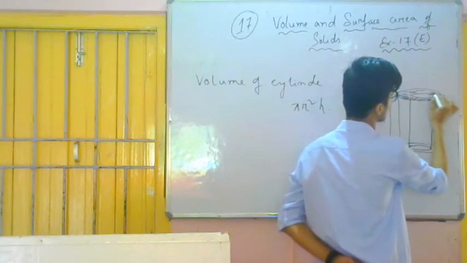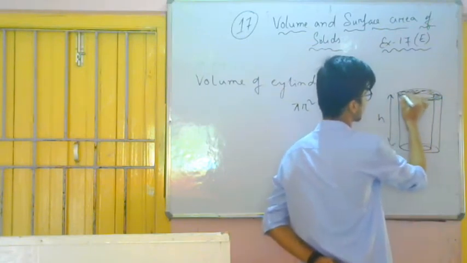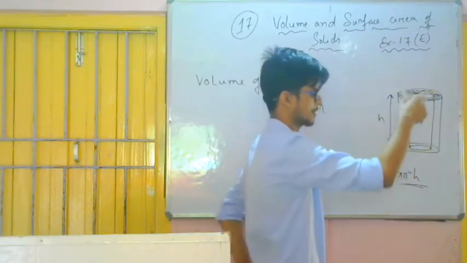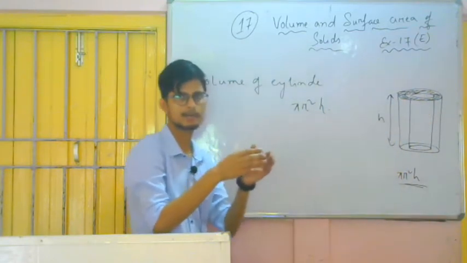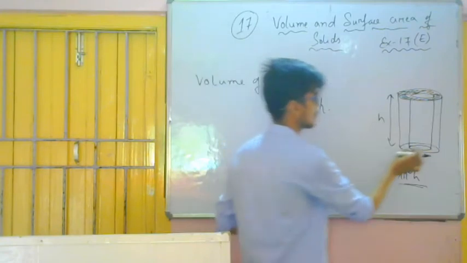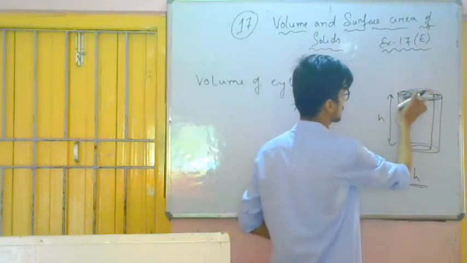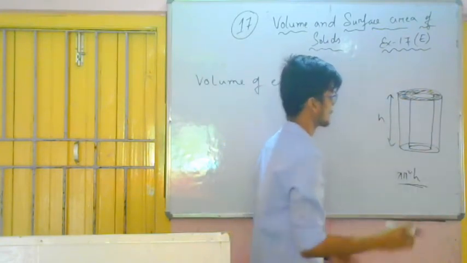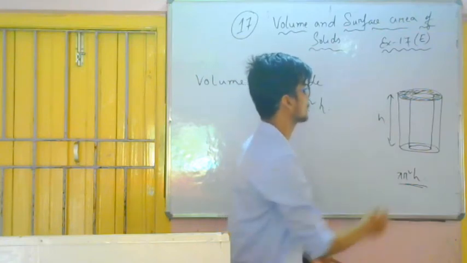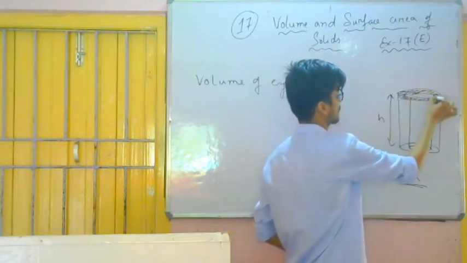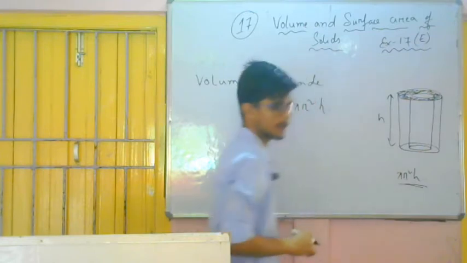For example, take any cylindrical object made of metal, with a hollow space of this much. If the question asks to find the volume of this material, then we can use the formula.